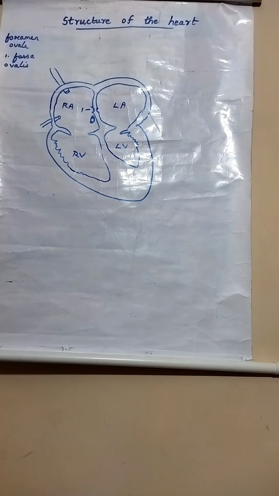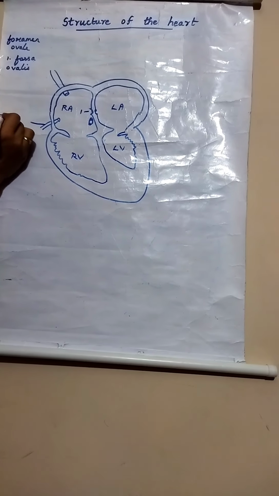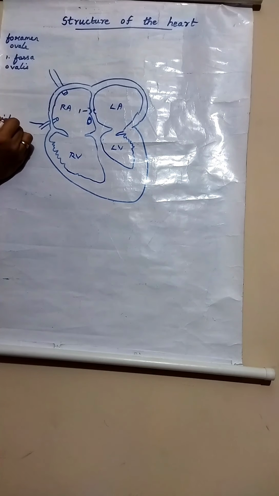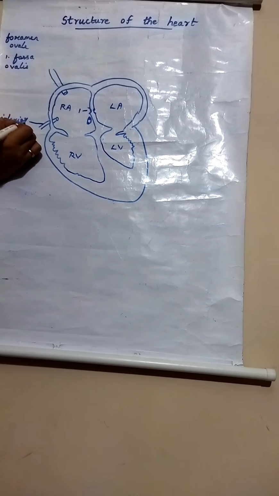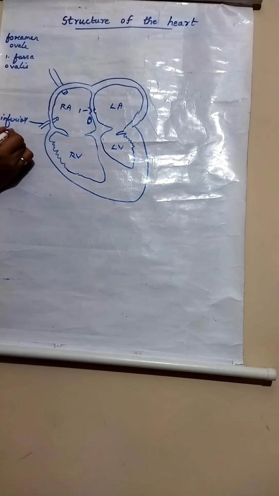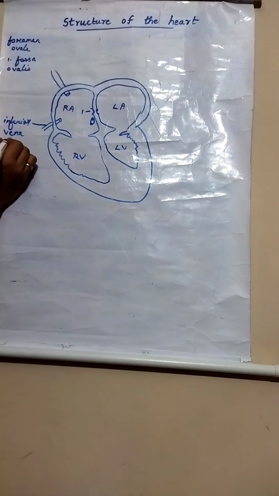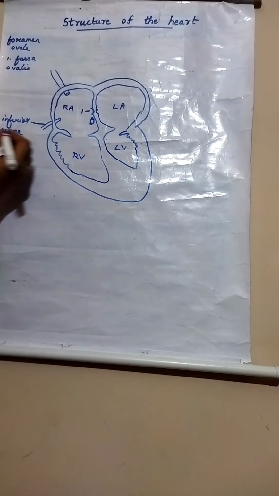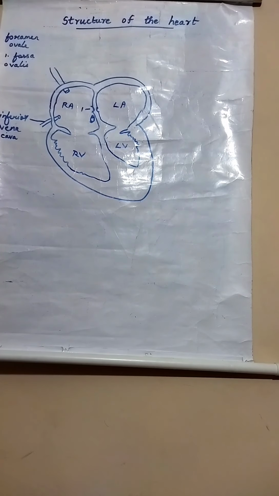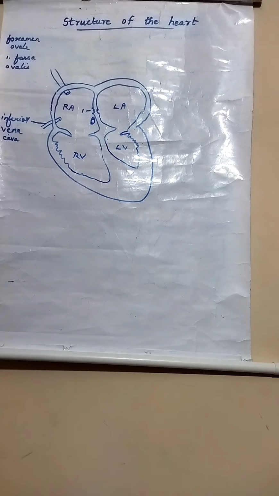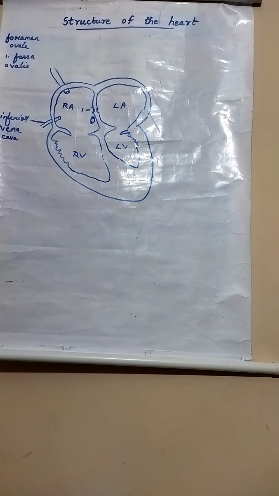Now these structures that you see here, this is the inferior vena cava. Or you can also call it the post caval vein. We know that all veins carry deoxygenated blood except the pulmonary vein.